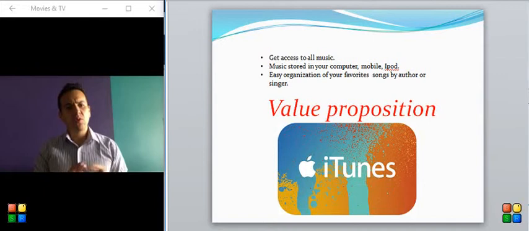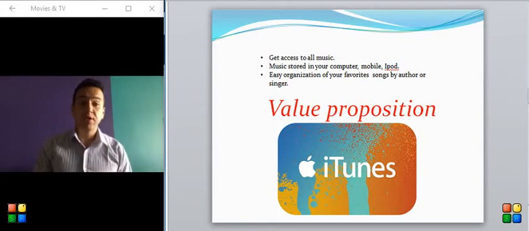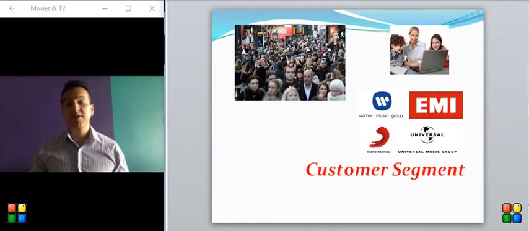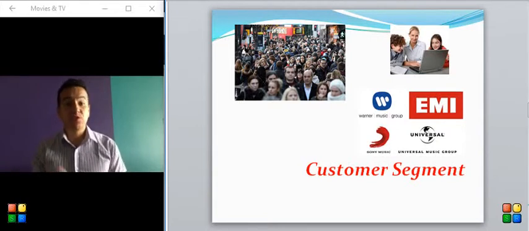But when we speak about how to create value, we have to speak about the customer segment. In this case, for iTunes, the most important customer segment is pretty much the mass market, as everybody has access to the internet. Everybody has a computer, actually, pretty much today.